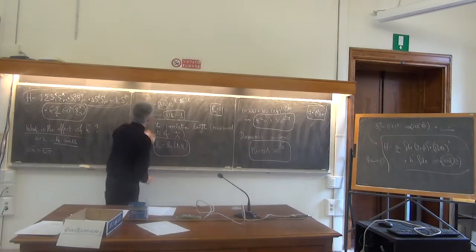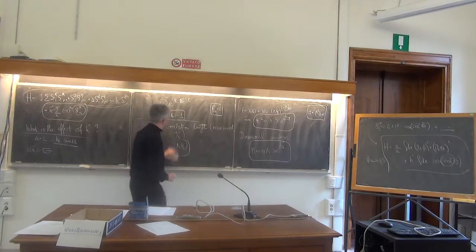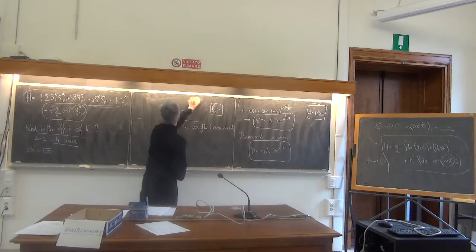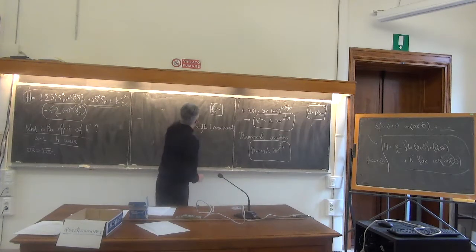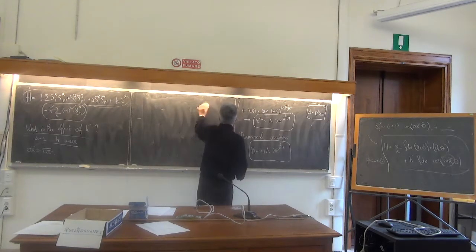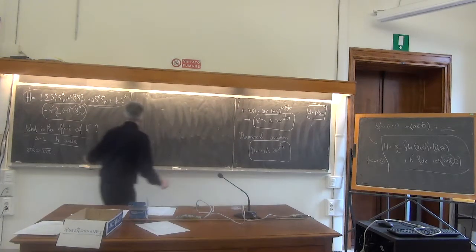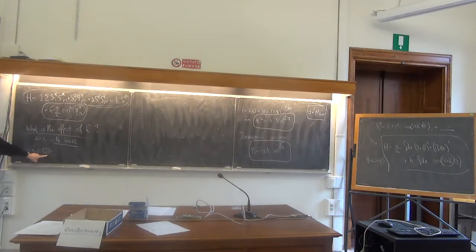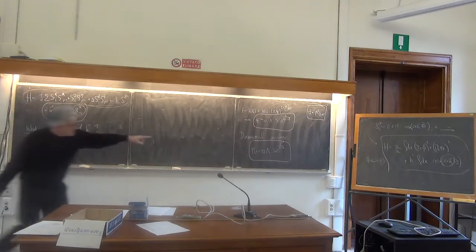According to this simple scaling analysis, first of all, this is smaller than square root of 8 pi, so it's a relevant perturbation, so it must open a gap. And the gap scales like what?